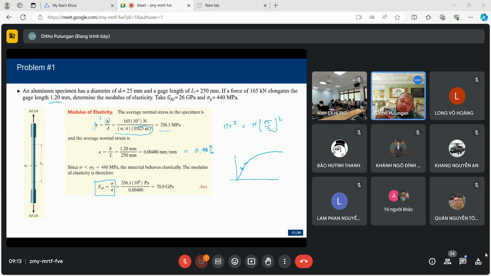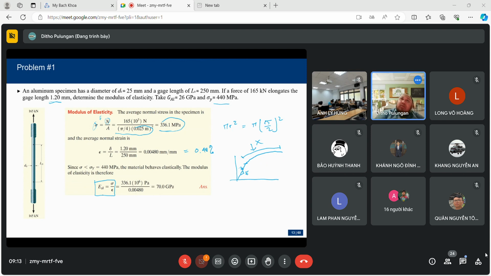Why? Because it has a linear slope. So since the sigma that you calculate is 336, while the sigma yield is 440, it means that you're not reaching this region yet. Okay, it means that you're still in the linear region.